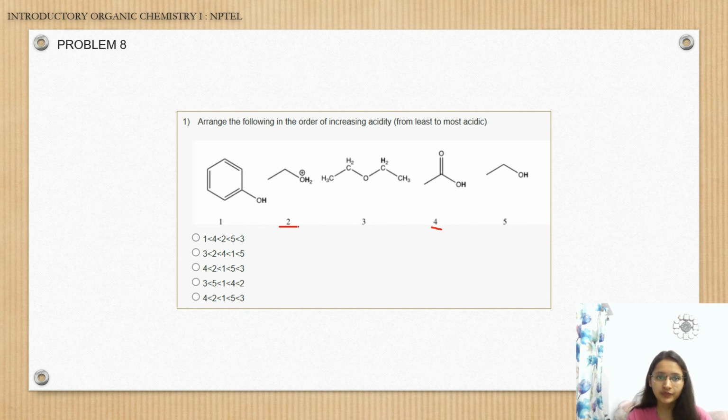As you can see, some of the people will say that the carboxylic acid is there, so the highest acid is the carboxylic acid. The fourth option is correct, but here you have to keep in mind one concept also, that is electronegativity. I keep repeating this electronegativity concept. It is very useful when you are talking about acidity, basicity, or something.